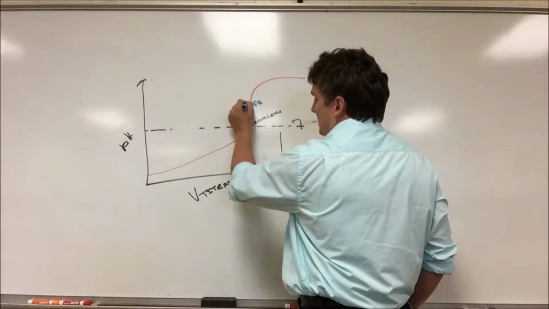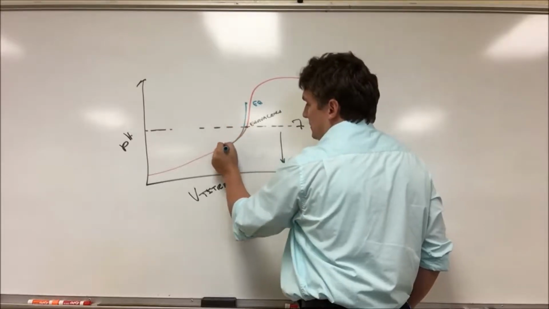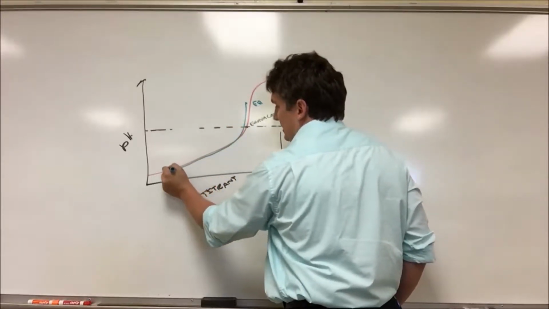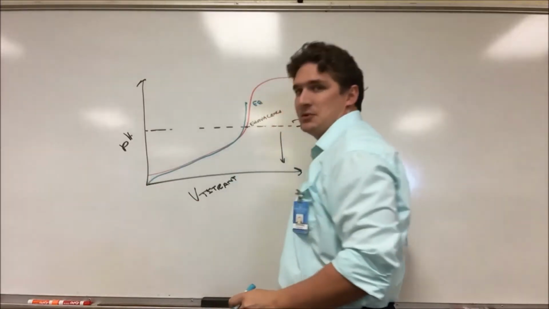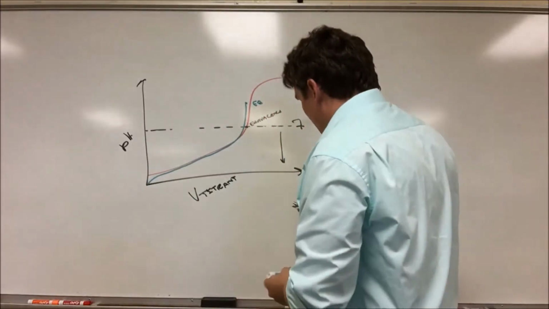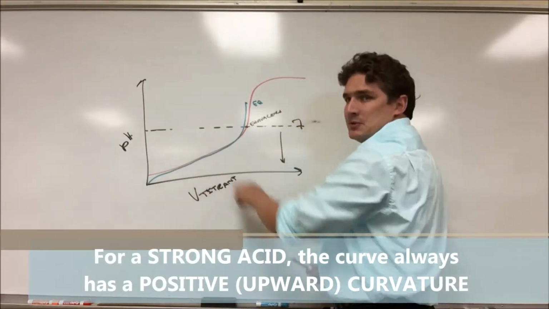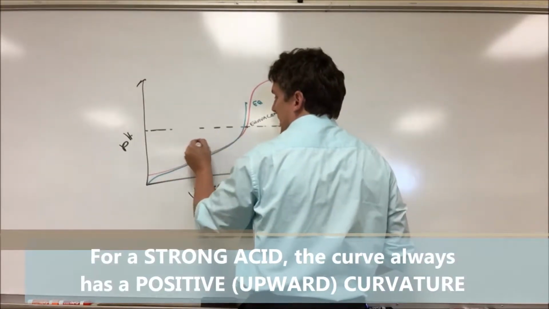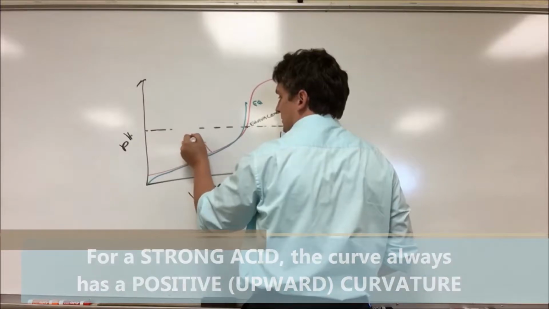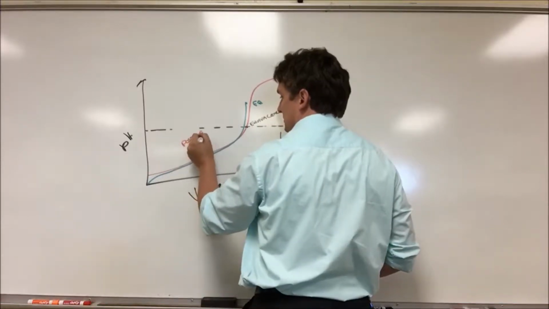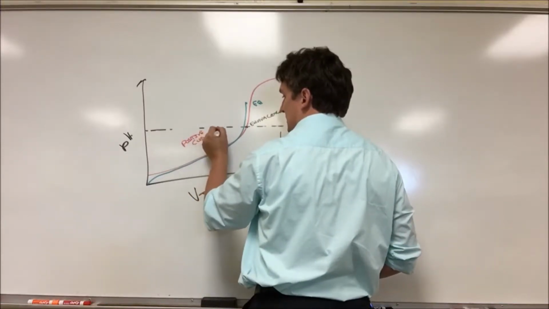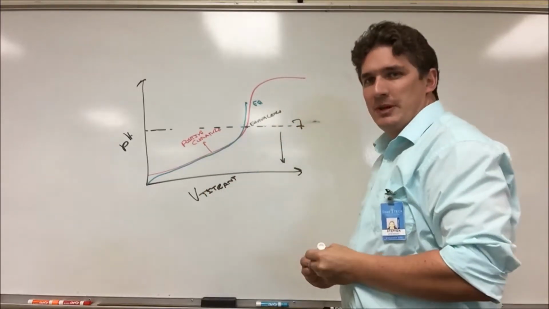The other qualitative trend we're going to notice is what's called the curvature. I'm going to draw this line a little bit beneath the strong acid curve. The strong acid curve is always going to curve upward, so we have what's called a positive, or upward, curvature. This isn't true for the weak acid.